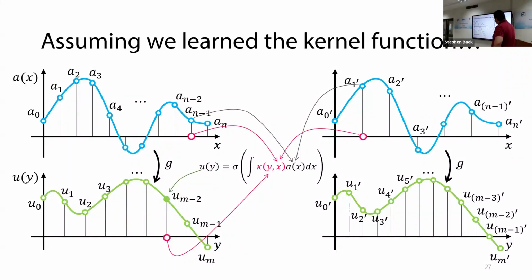Then that also goes into the function kappa. And as a whole, now you can calculate the integral of this, followed by some activation function. So this can be ReLU or SiLU or tanh, whatever it is. Then, that's basically how the prediction of u(y) is performed.